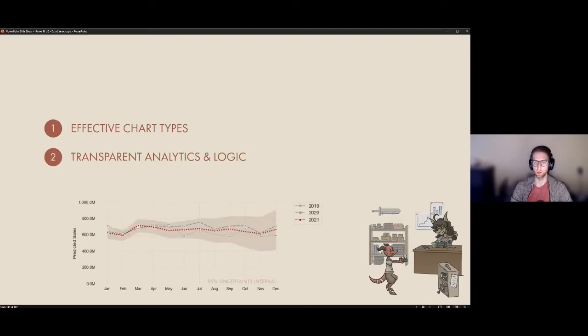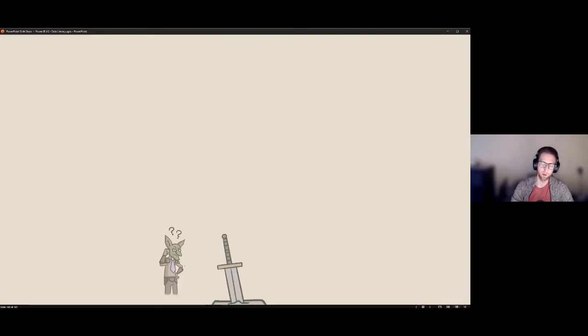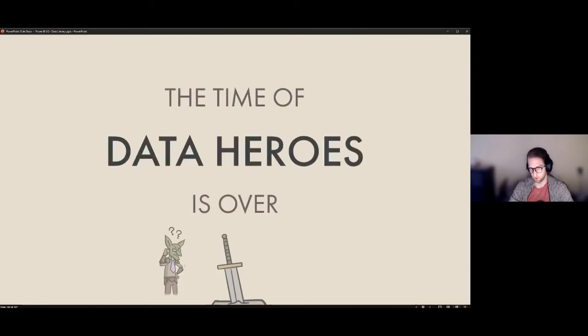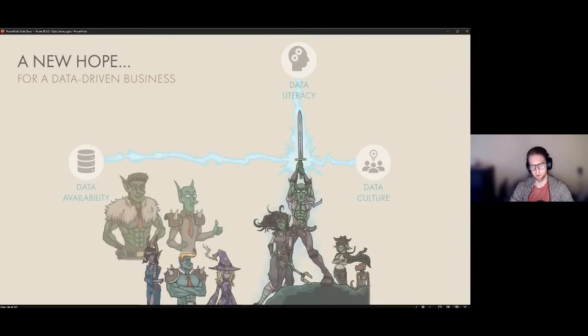For example, if we do predictive analytics, to make sure that we disclose all the appropriate metrics or label them appropriately, and to avoid the trap of data heroism, to instead invest in the data skills of other people to try to improve the overall sustainability of how we work with data. Because the time of data heroes is over. With data availability, data literacy, and data culture, we have a new hope for a data-driven business.